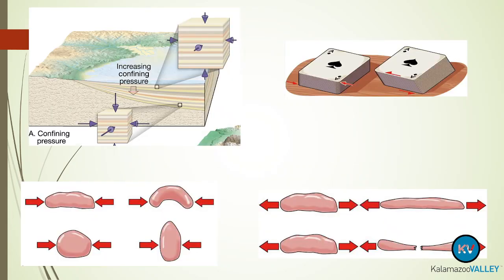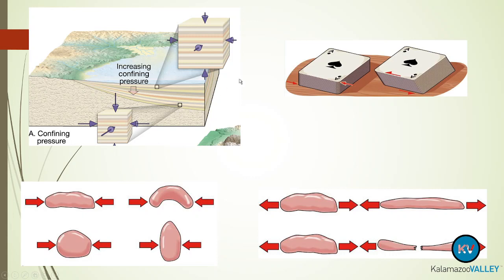So let's go through a couple of examples together, and I'd like you guys to go ahead and play along. In the top left image here, we have some sediment being buried with increasing confining pressure from things being added on top of it, but also there's existing bedrock on the left and right hand side of it. So we have the same amount of pressure or force exerted on the vertical axis, top and bottom, as well as the horizontal axis, left and right, or from front to back.